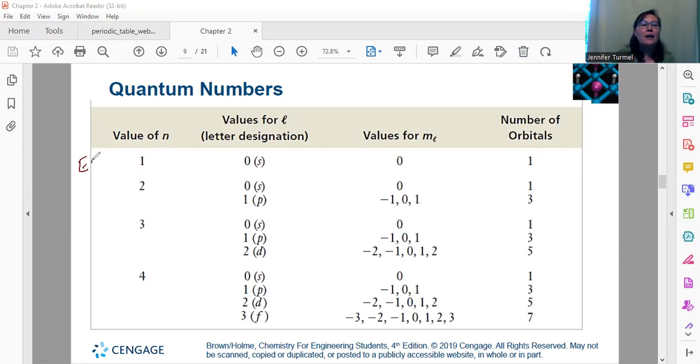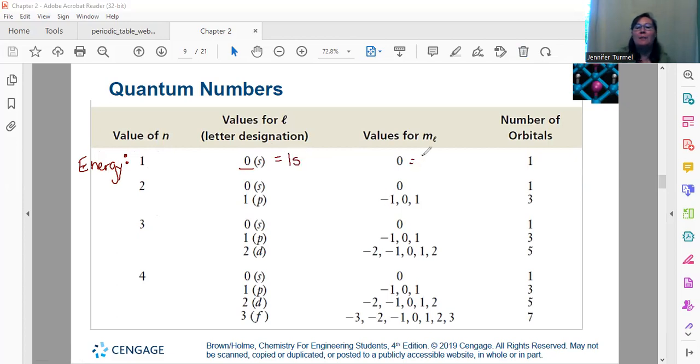Remember that this right here is our energy level. So we have energy level 1, 2, 3, and 4. Now, when n is 1, L can only be 0, and remember that 0 is equal to s. So that makes this the 1s orbital.